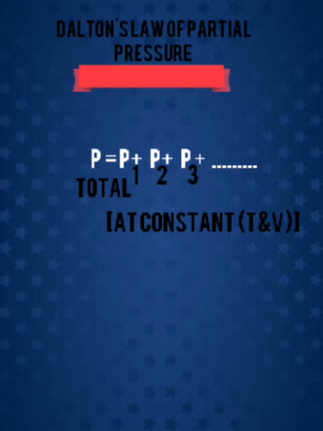Thus, P total will be equal to P1 plus P2 plus P3 plus so on, at constant temperature and volume, where P total is the total pressure exerted by the mixture of gases, and P1, P2, P3 etc. are partial pressures of the individual gases.